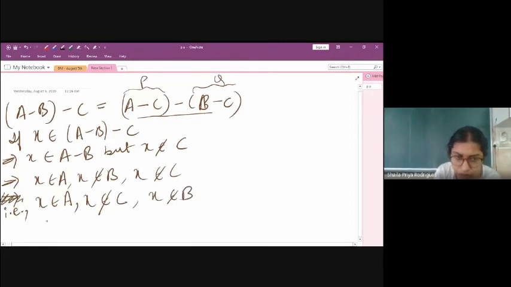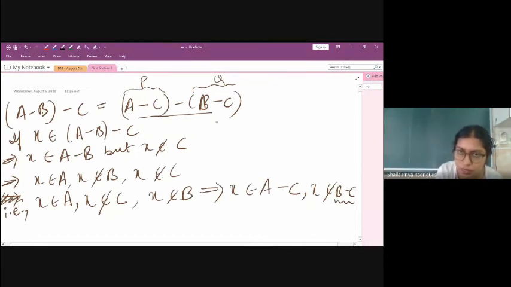So now this means that x belonging to A and not belonging to C means that x belongs to A minus C. All right. And if x does not belong to B, it means that x does not belong to B minus C. We're writing this because we want x to be in this set over here, right? This set over here.